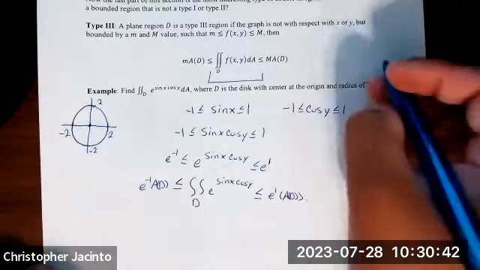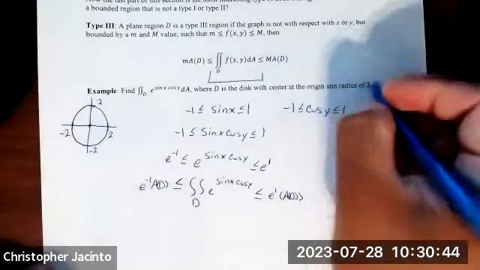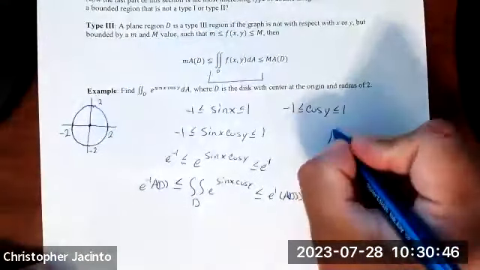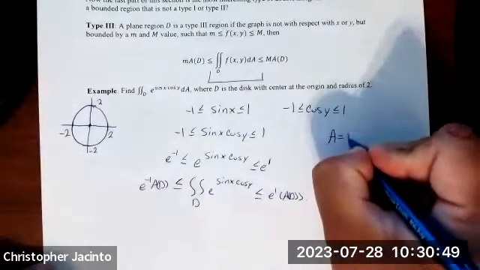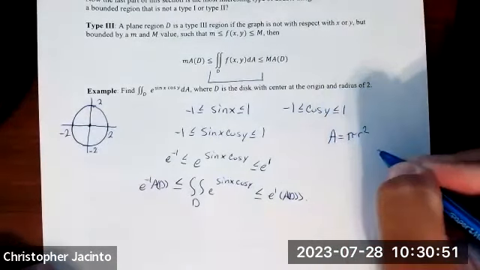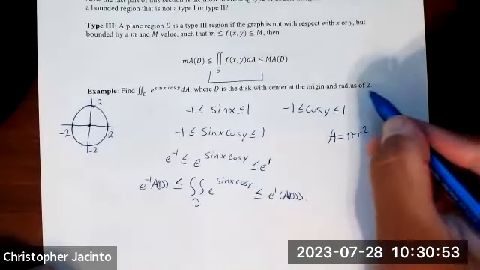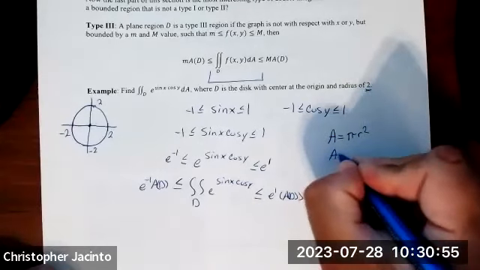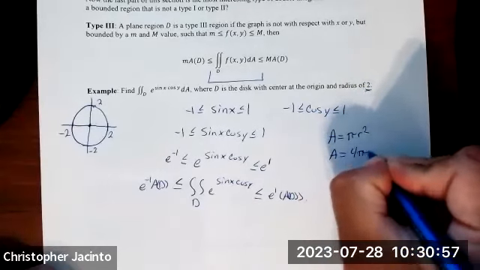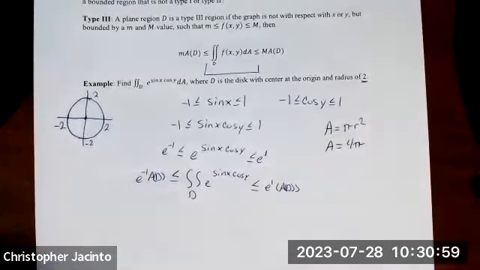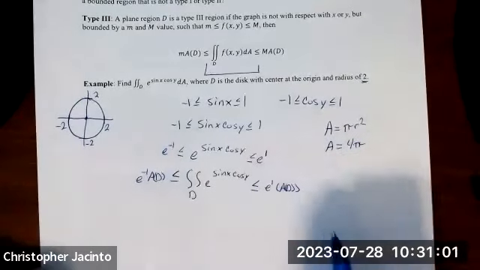Now the area of our disk is a circle, right? So the area of a circle is equal to pi r squared. And since we're given the radius to be 2, our area is just going to be 4 pi. So all we do is multiply both sides by it.